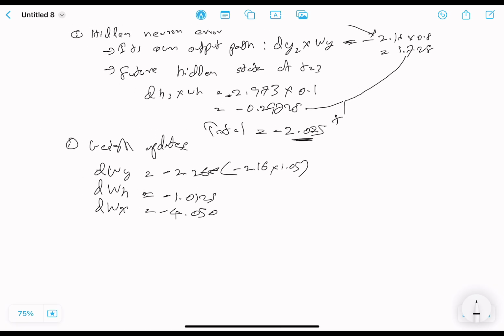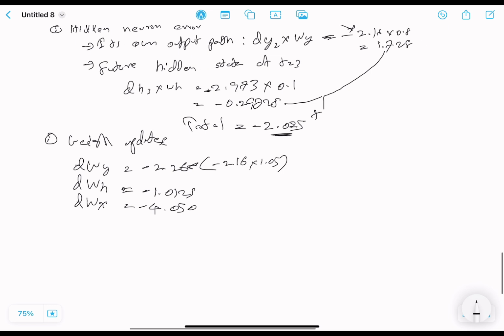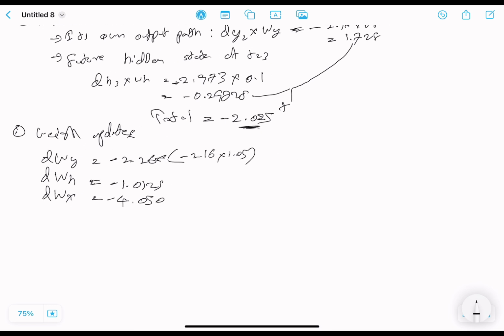And so this much contribution was made at this point in the weight of y, right?